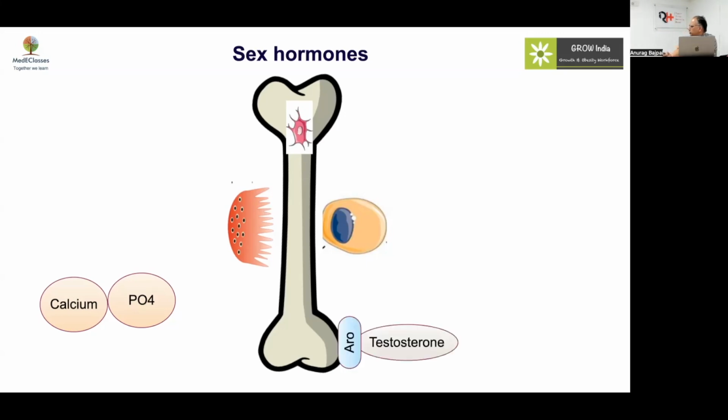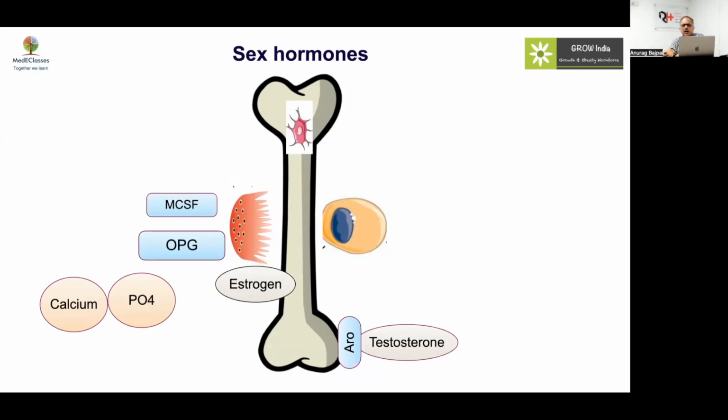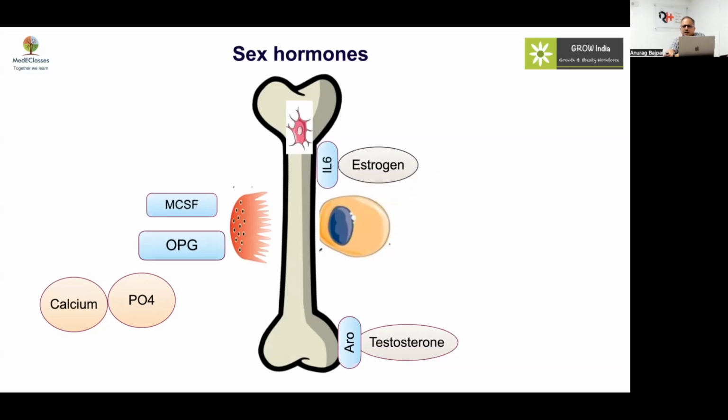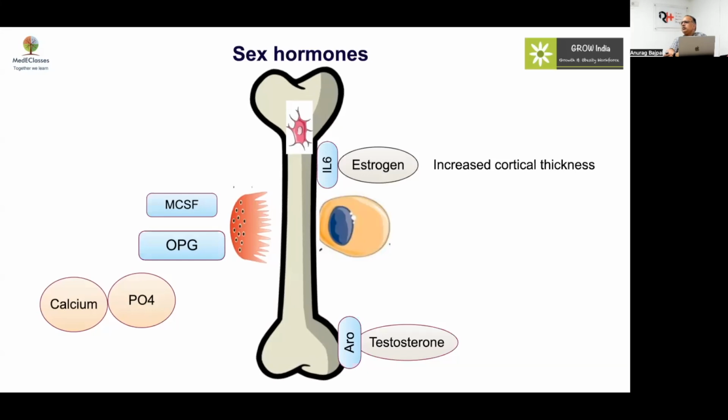So testosterone can be aromatized to produce estrogen, which of course we talked about is an important anti-resorptive agent using the MCSF pathway, increasing OPG and decreasing the osteoclast activity. It also has a positive effect on the osteoblast plus the effect on cortical thickness. So estrogen is good for the bone. There is no confusion about that.